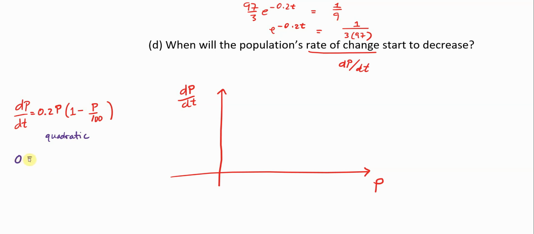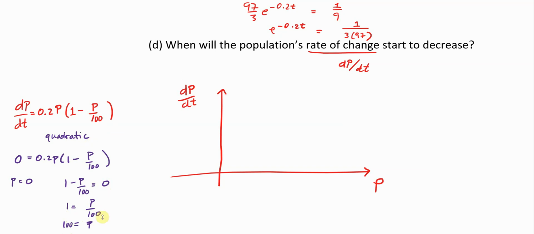So 0 is equal to 0.2P times 1 minus P over 100. So we get two solutions. P is going to be equal to 0, and 1 minus P over 100 is going to be equal to 0. If we solve this, P is going to be equal to 100.